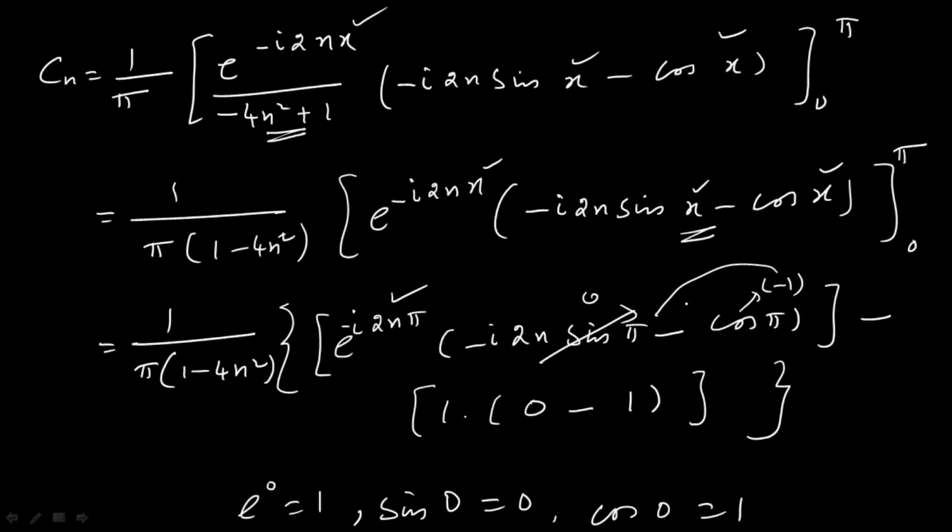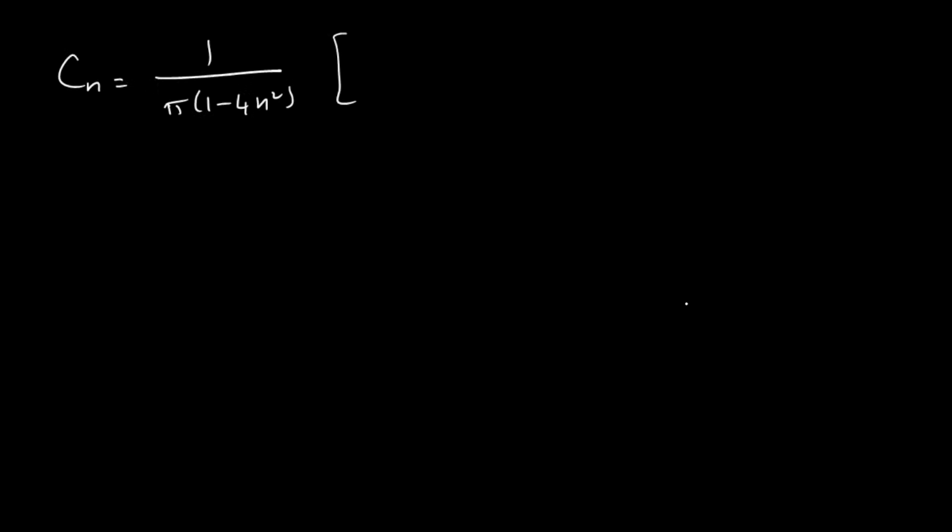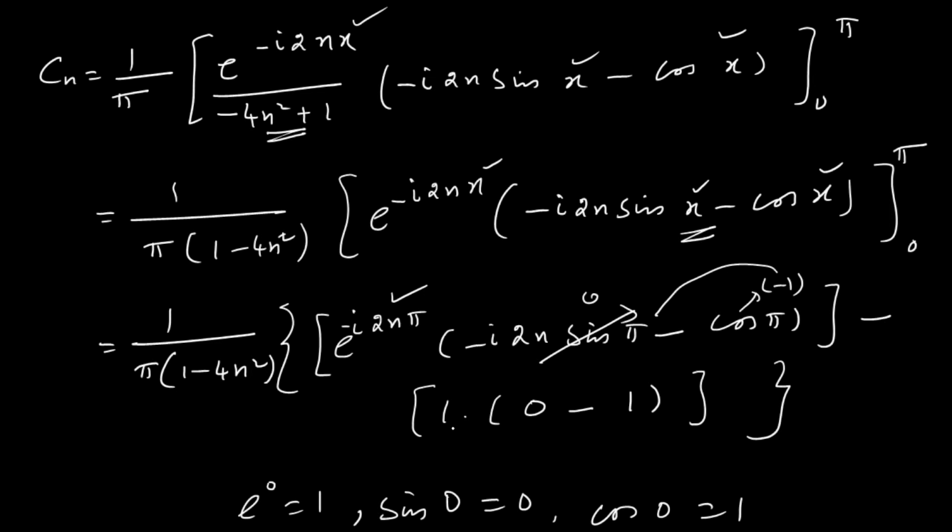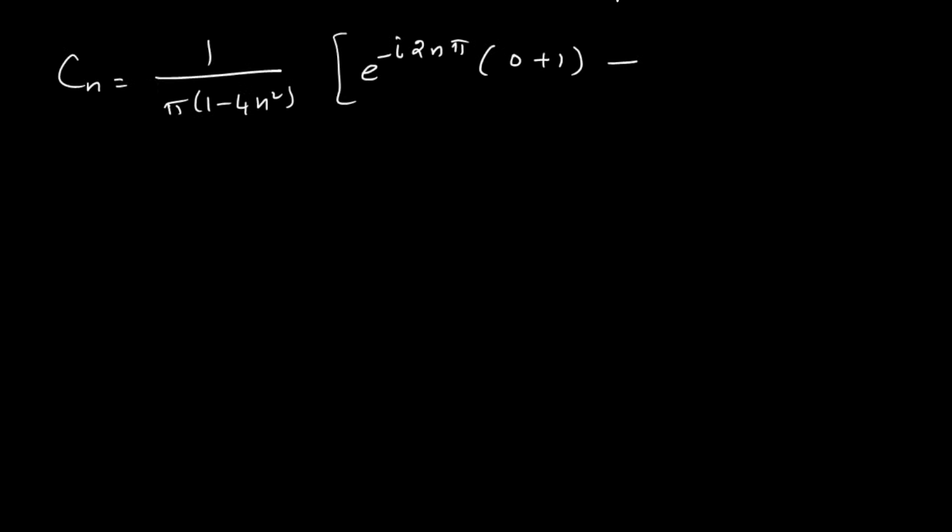So 0 plus 1, the first term becomes 0, the second term we have plus 1. So upper limit over, minus. Coming to the lower limit, here you have 1 product minus 1, which is nothing but -1 itself, that's all.